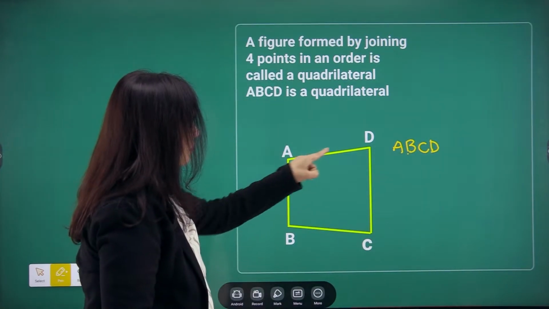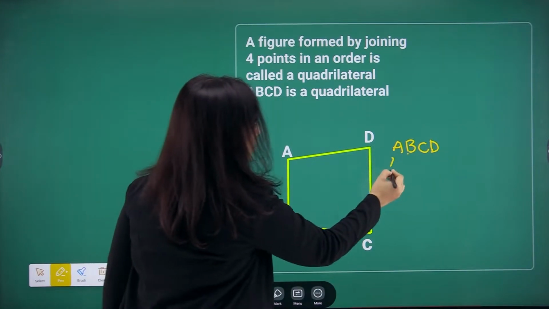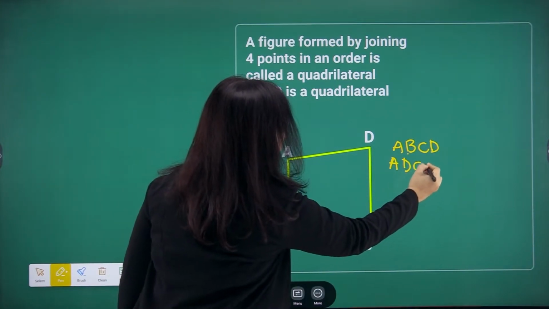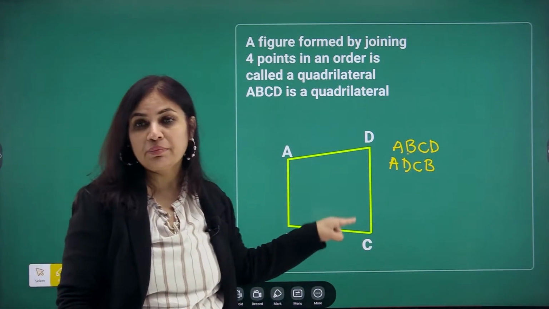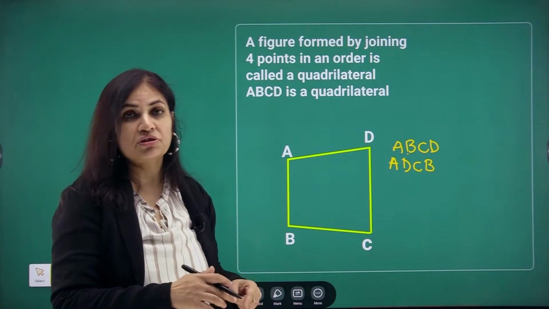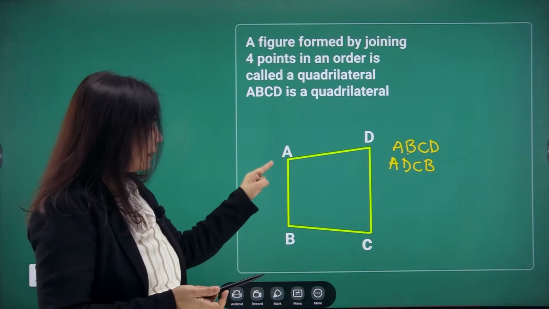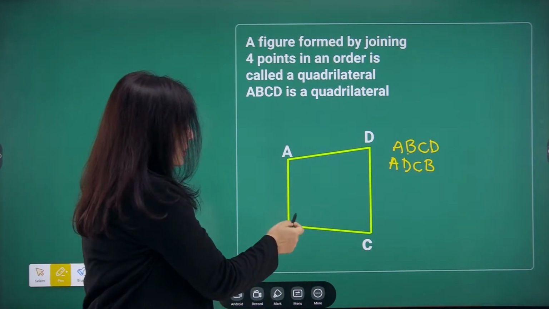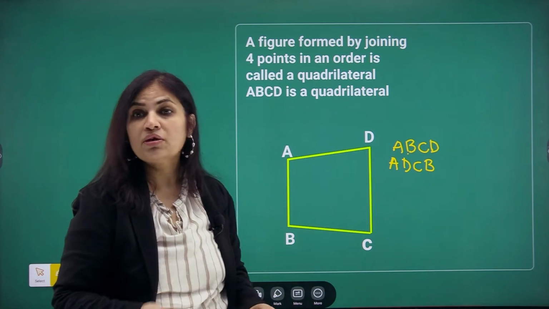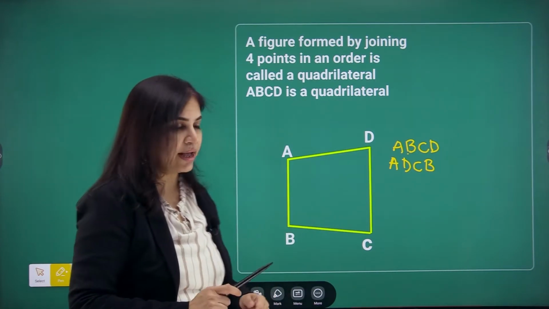Starting from A, in the clockwise direction, I can name it ADCB. Similarly, I can start from any point, but I have to choose a particular direction, either clockwise or anti-clockwise, to name a quadrilateral. I cannot name it as ACBD or ADBC. I cannot go in a zigzag way. I have to take a proper path, either clockwise or anti-clockwise.